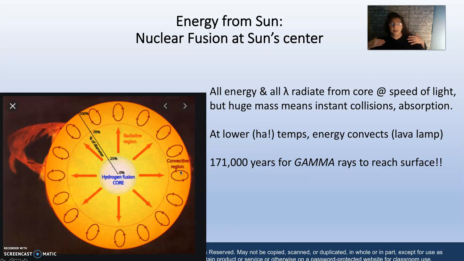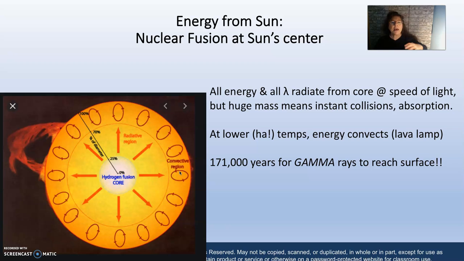So these photons move at the speed of light through the radiative region, and that takes an enormously long time to do because of the intense gravity of the sun. So gamma rays, those rays that can kill you because they have so much energy, those rays take 171,000 years after they're created in the core of the sun to get to the surface of the sun. Crazy. That's the gravity that we're talking about.